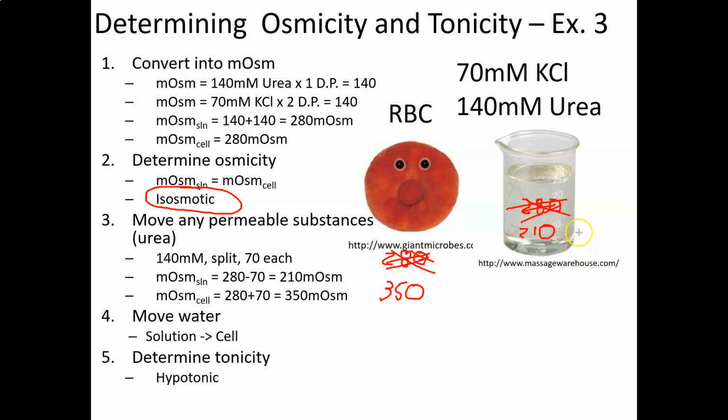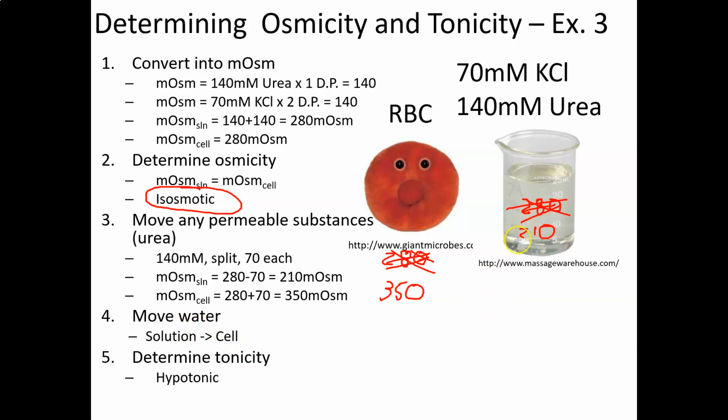So now inside the solution is 210 because half the urea went into the cell. The red blood cell is now the 280 that started there plus the 70, which is 350. We don't have to move KCl because remember, that's not permeable in the cell membrane. So number 4 is draw the water movement.